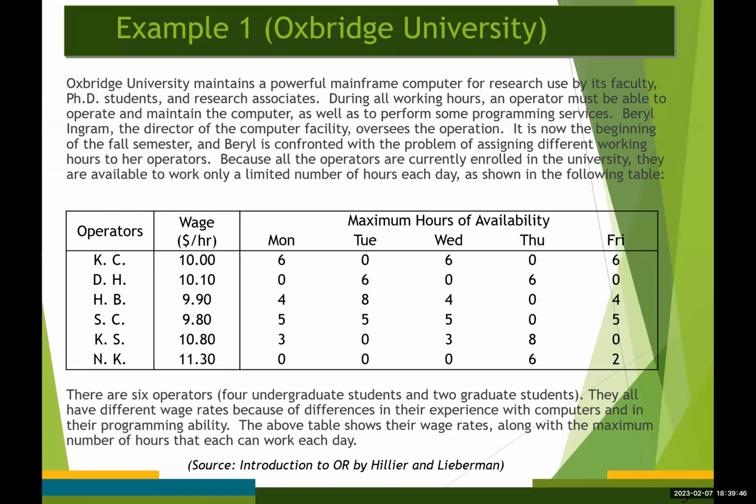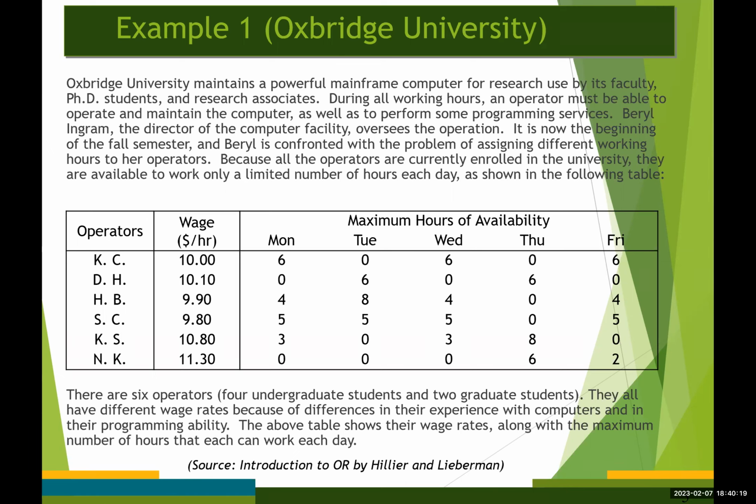Okay, so this example problem has been extracted from another operations research textbook, which I believe is Hillier and Lieberman's Introduction to Operations Research. In this example, a university maintains a powerful mainframe computer for research use by its faculty, PhD students, and research associates.